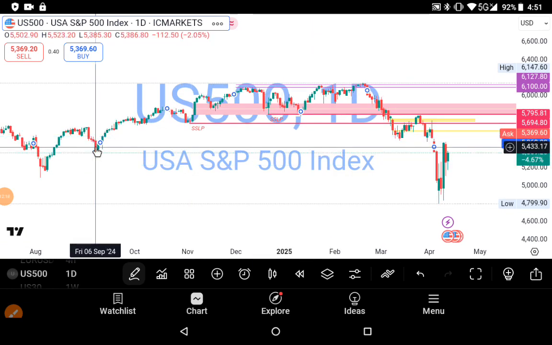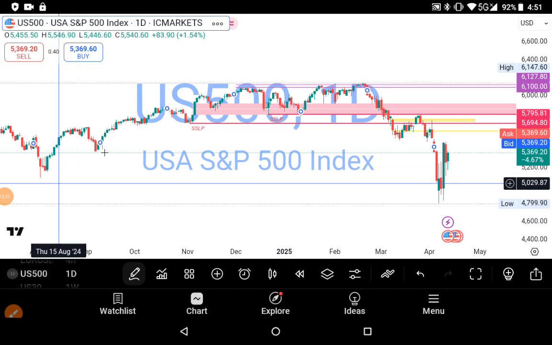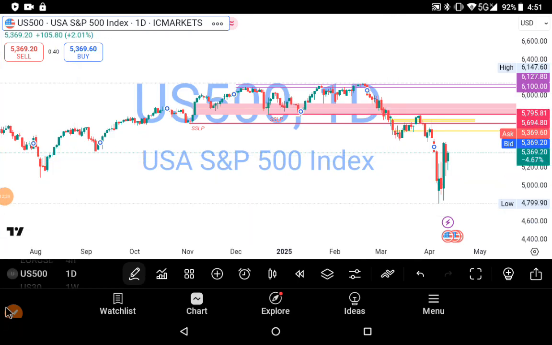So let me be more clear. We have taken this low, we have taken this low. Then the market price is gravitating towards this level.